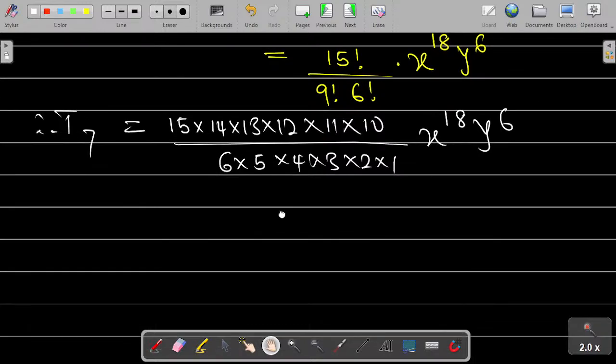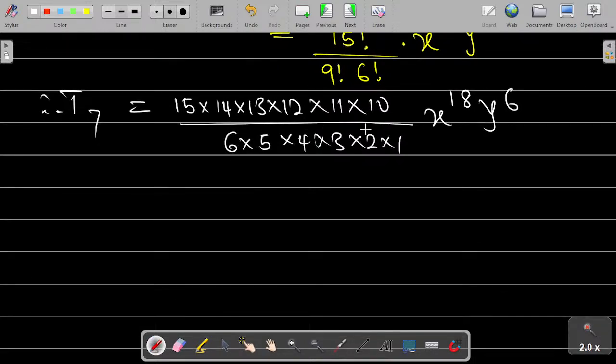Okay, so in simplifying this, let's see. This 5 times 2 is 10, so it will cancel this one. 4 and 3 is 12, it will cancel 12.